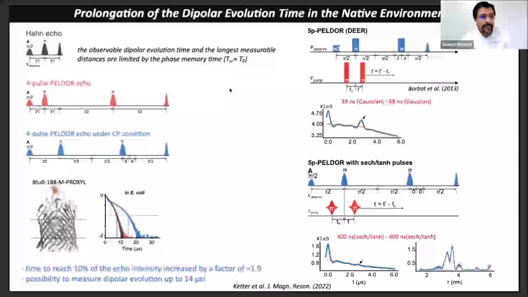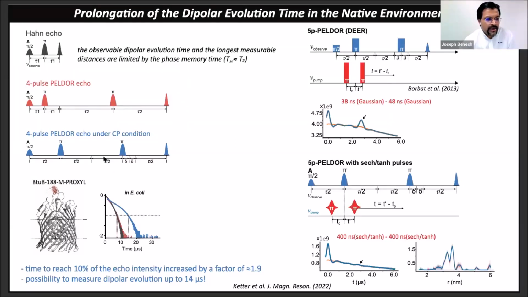Okay, so in general, when we do DEER measurements or PELDOR measurements, the observable dipolar evolution time as well as the longest measurable distances are mostly limited by the phase memory time, which is approximately the transverse relaxation time. When we look into the echo decay here, we can see that the 4-pulse PELDOR echo decays at a rate very similar to the Hahn echo sequence.